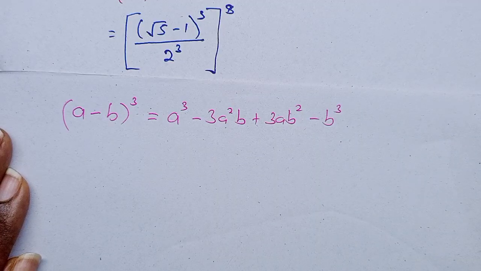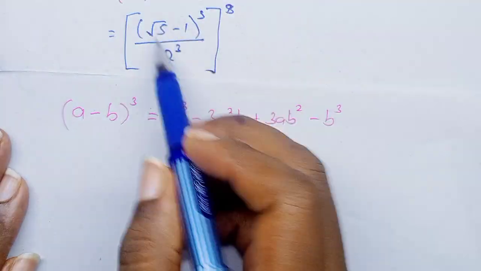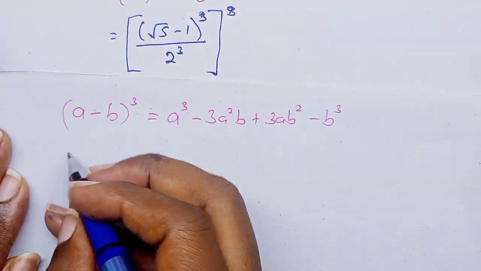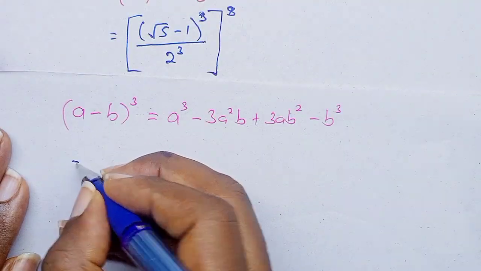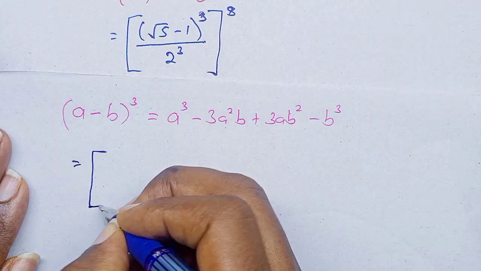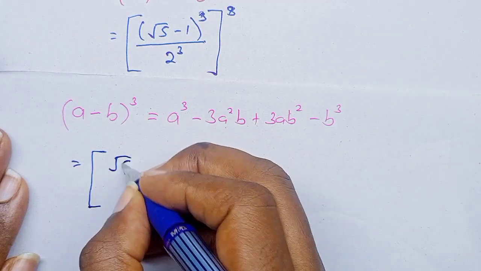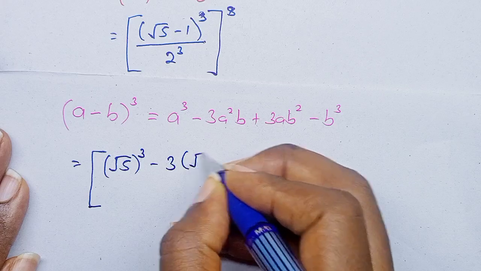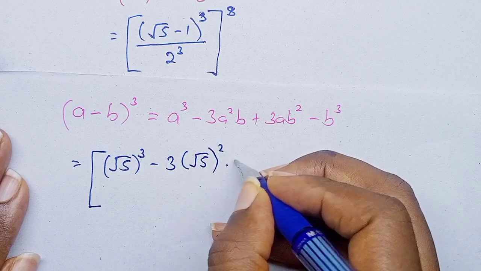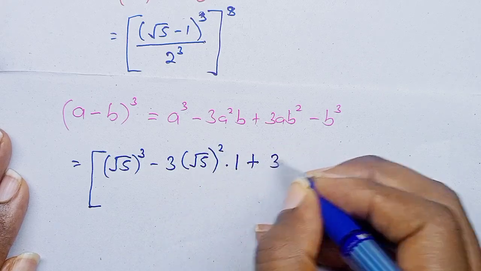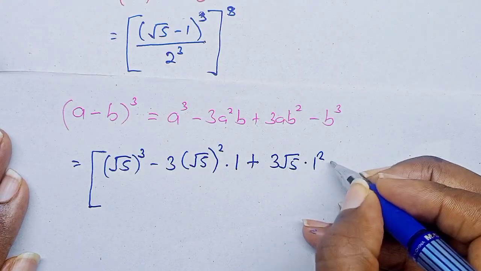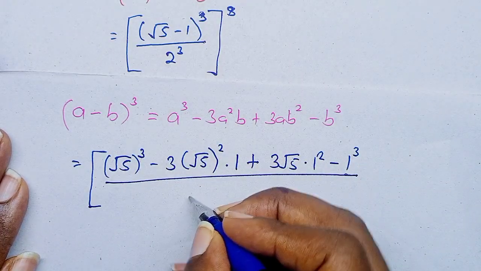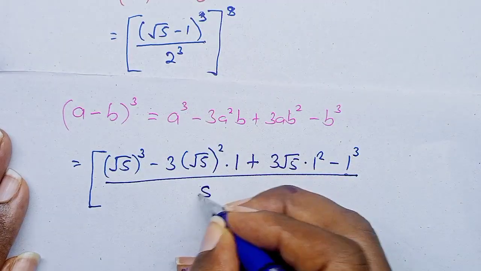From this here can become, remember this is cubed power 3, so this will become into brackets root of 5 cubed minus 3 root of 5 squared times 1 plus 3 root of 5 times 1 squared minus 1 cubed over 2 cubed is 8.